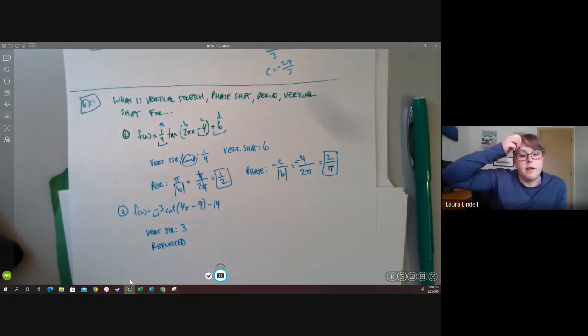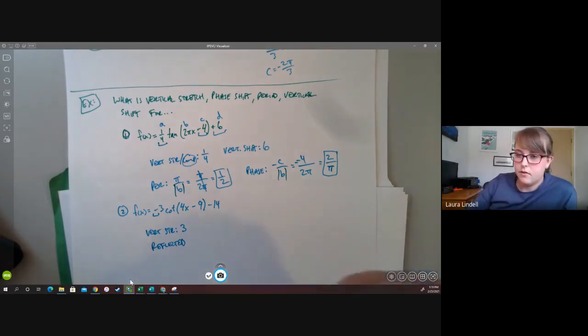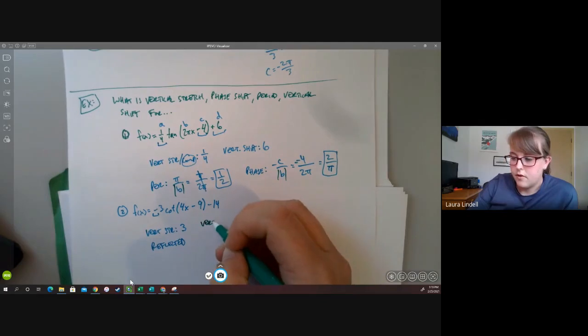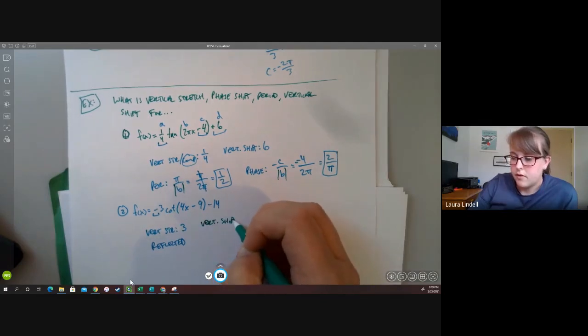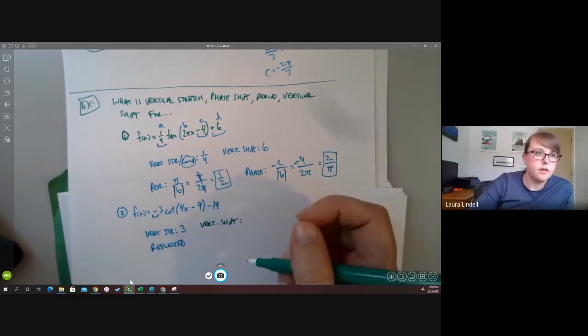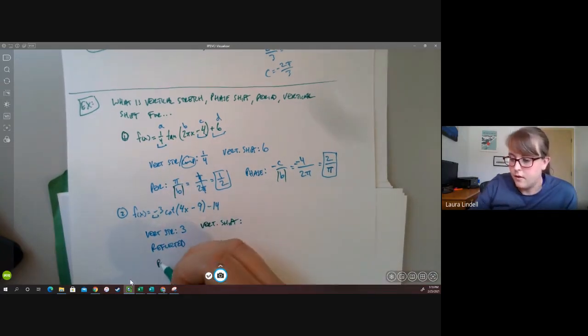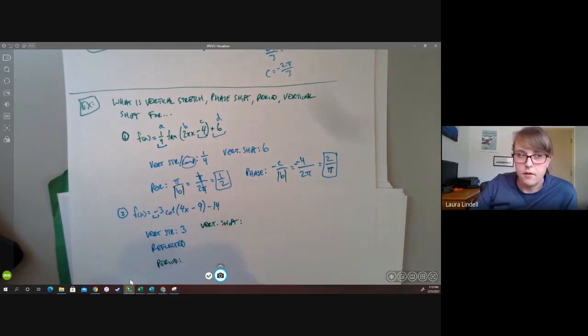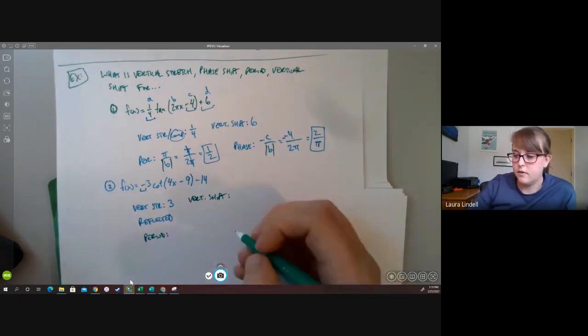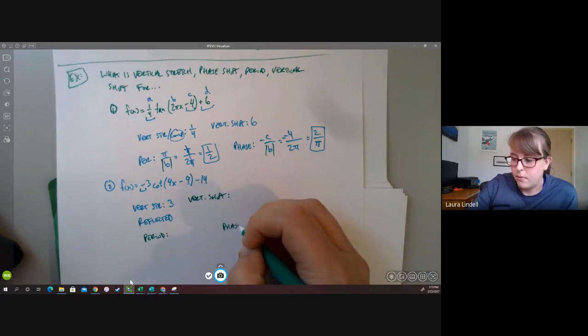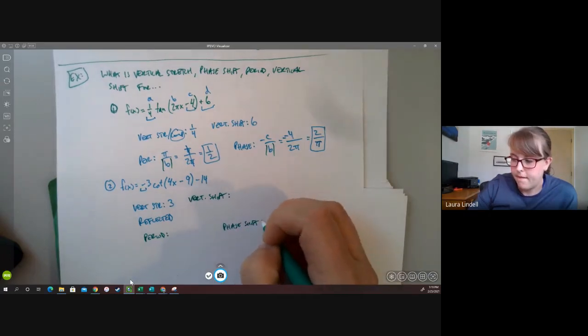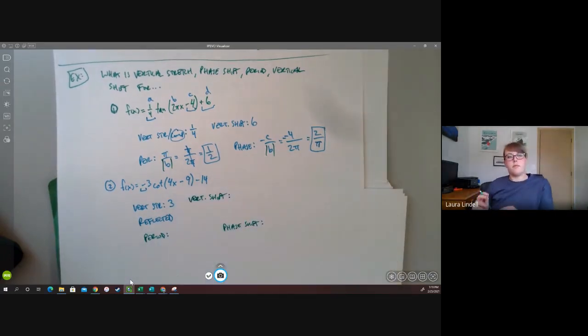All right, what else? What's the vertical shift? What's my vertical shift going to be?